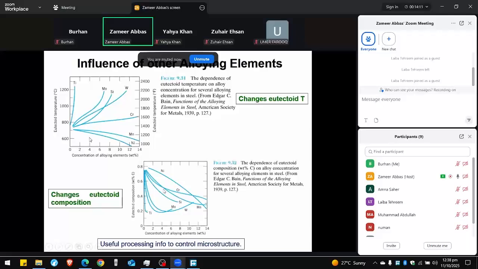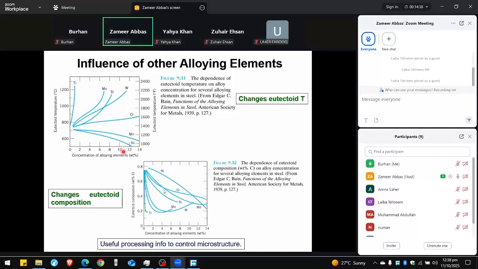Similarly, all these elements, molybdenum, silicon, these increase. Chromium also increases, but has a lesser effect. While manganese and nickel, they decrease the eutectoid temperature.